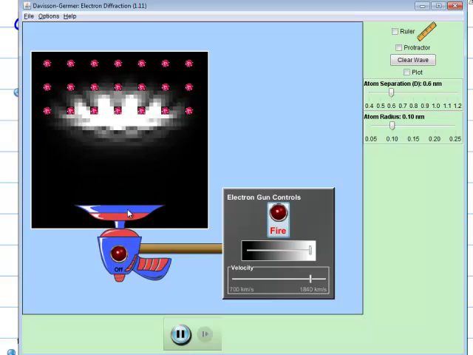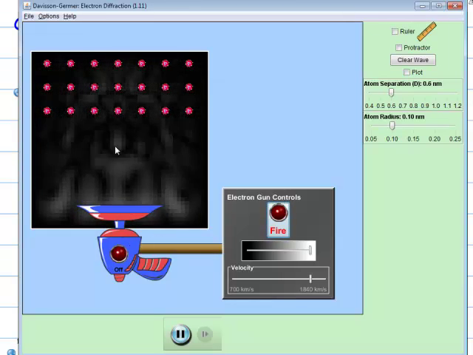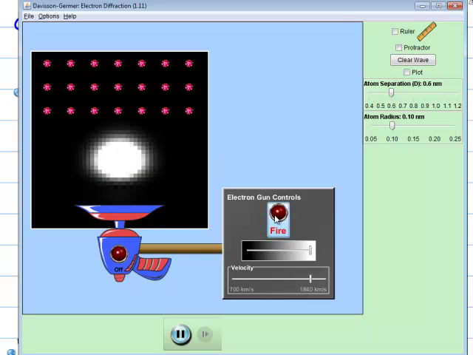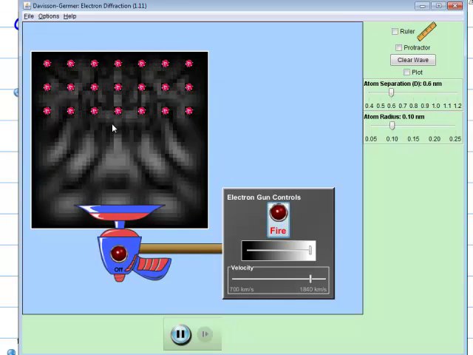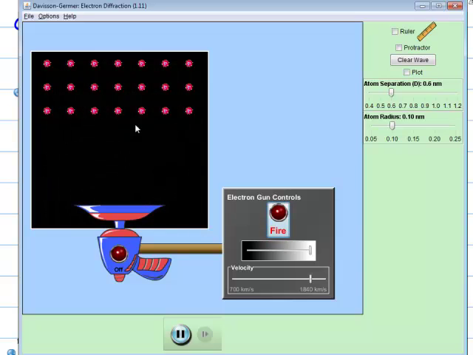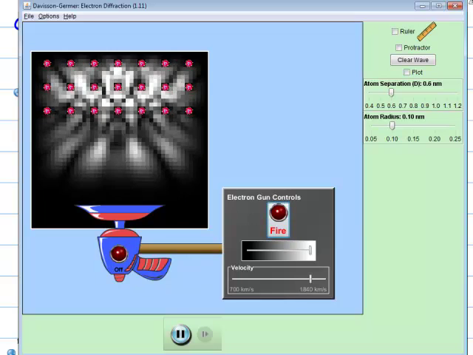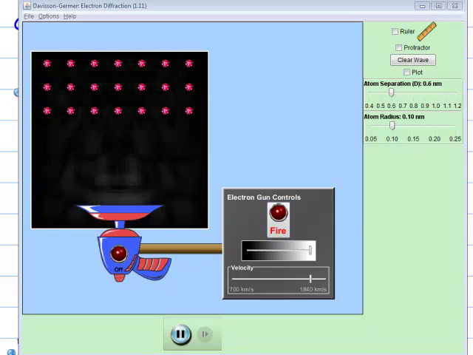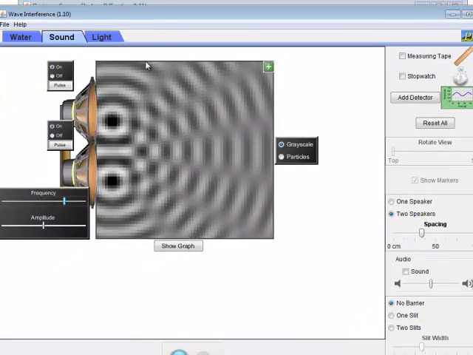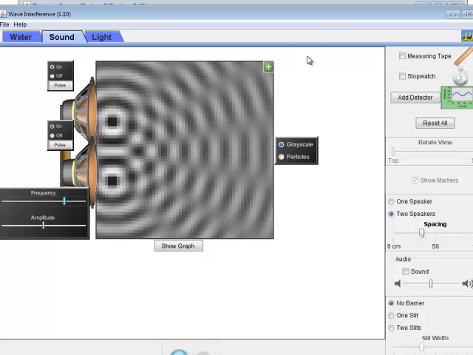It imagines that out of this electron gun there is a cloud or particle of electrons coming out, and when they hit the crystal, all these electron waves are interfering, and sure enough the result looks not that much different from, for example, sound waves that are interfering.